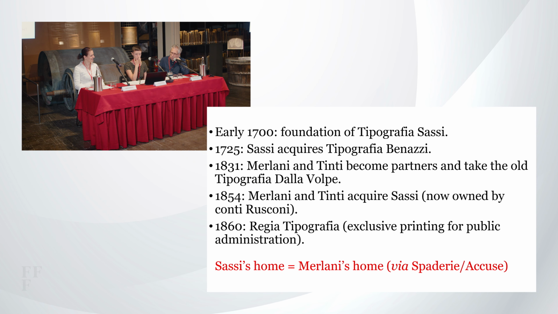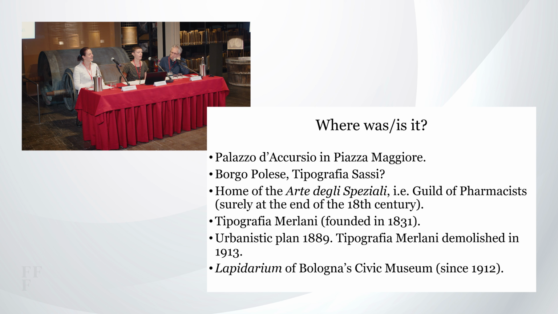So here you can see the chronology of Tipografia Sassi, then Merlani, and mainly the fact that Sassi's home was Merlani's home. And so the movement of the Bologna stone in Bologna.